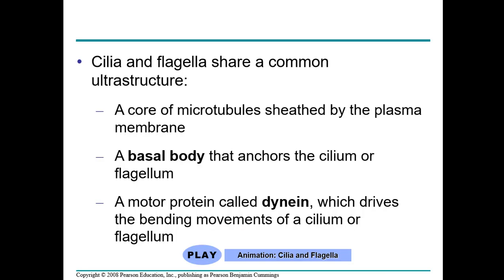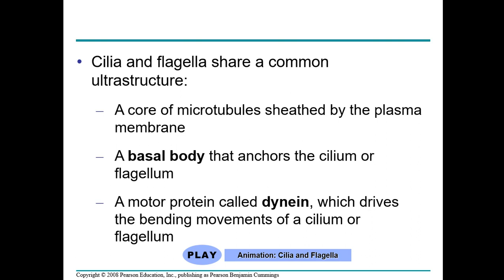Okay, so kahit na sila ay magkaiba, so they still share a common structure. The core of microtubules sheathed by plasma membrane. The basal body that anchors the cilium or flagellum.